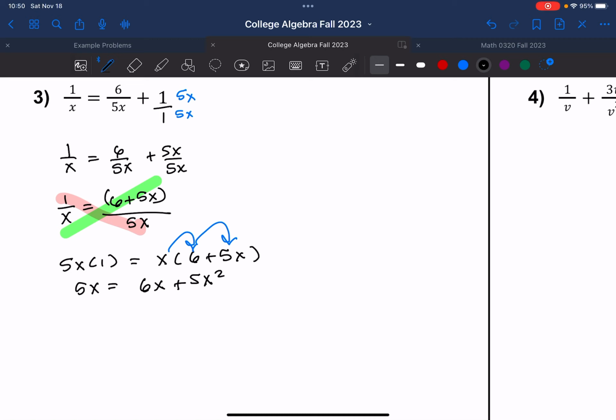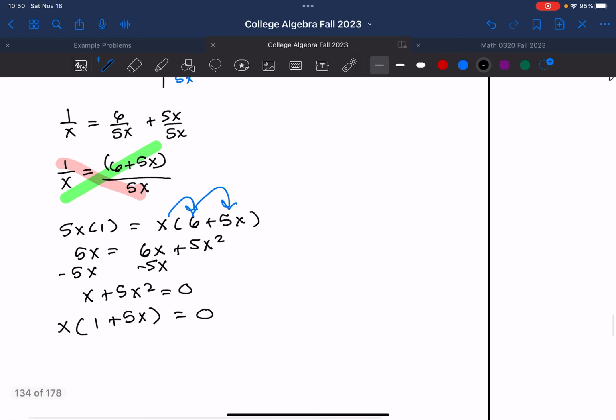Okay. I need to have this all equal to 0, so I'm going to move my 5x over. And I have x plus 5x squared equals 0. Okay. Taking out a GCF, I'm going to take out an x, and I'm left with 1 plus 5x equals 0. Set them both equal to 0.